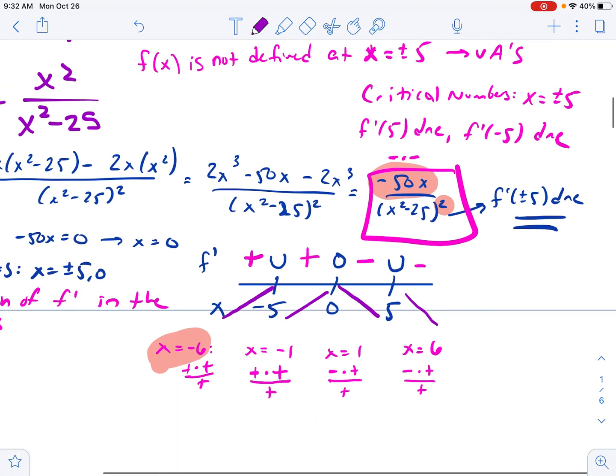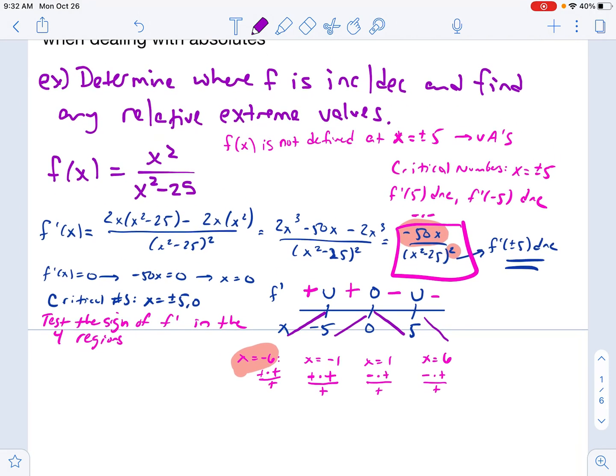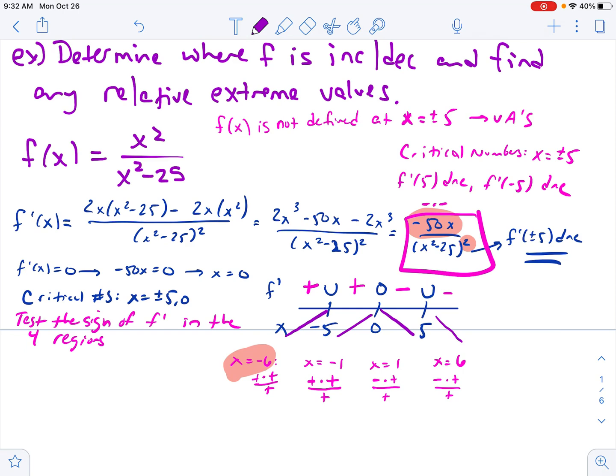And so now I have basically everything I need right in this table. The question was to find where the function is increasing and decreasing. Well, f is increasing, it looks like, from negative infinity up to negative 5.